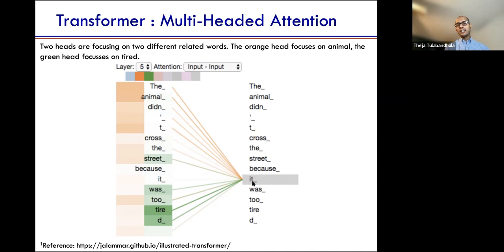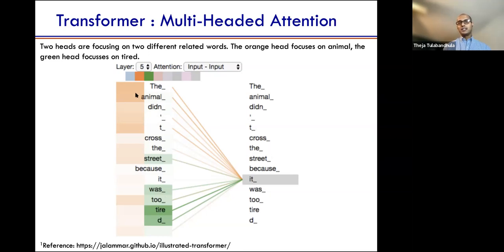Again, for the word it, you can see that the orange one is focusing on the animal, and on the green, the second time I'm computing the self-attention layer outputs, it's focusing on tired.